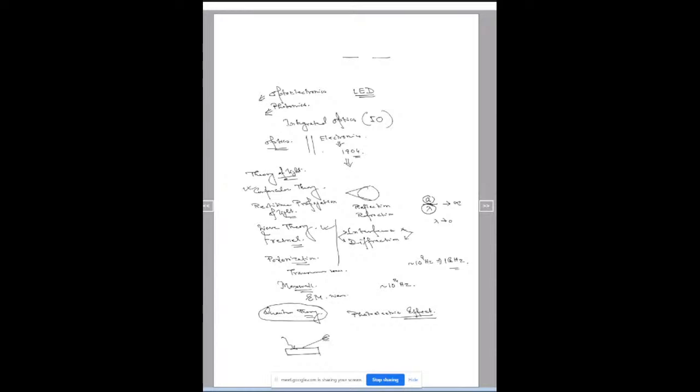One is optical emitters, also called optical sources. We'll talk about optical detectors, which are also called photodetectors. Third, I'll talk about your photocell. The most popular member of the family is the solar cell.